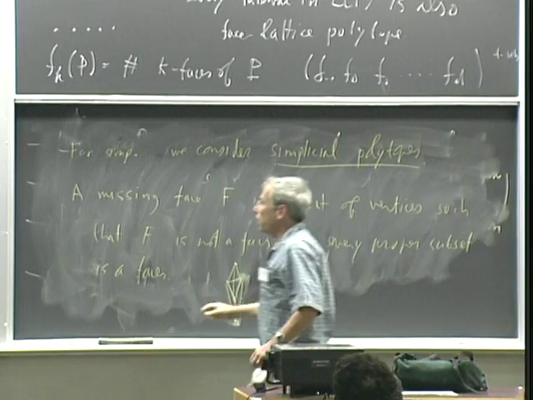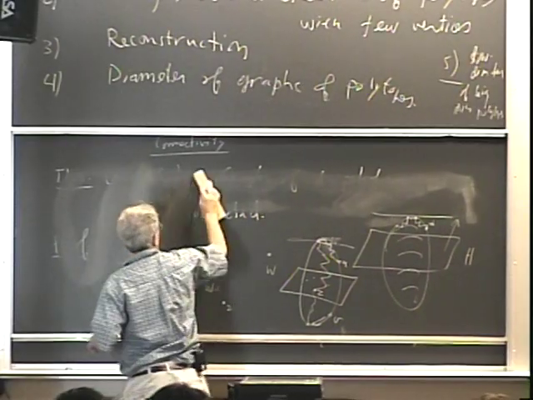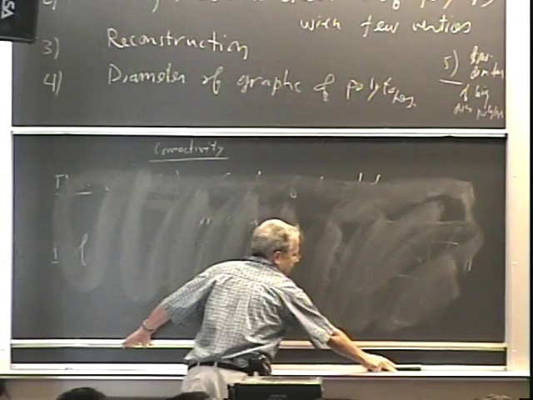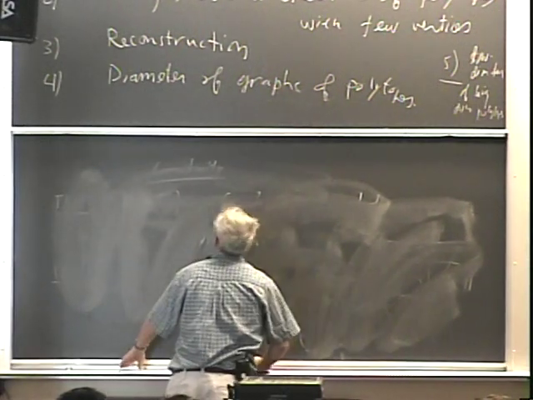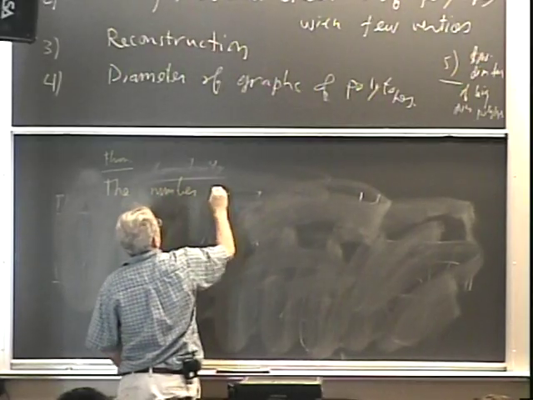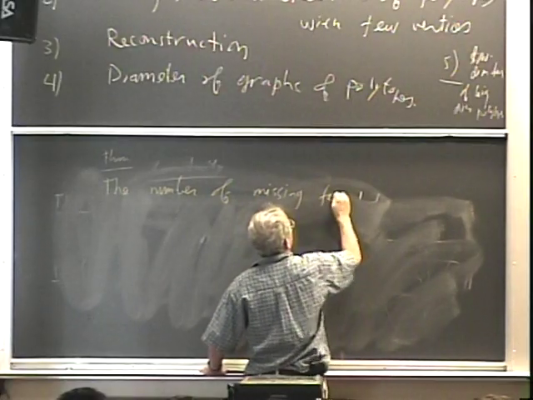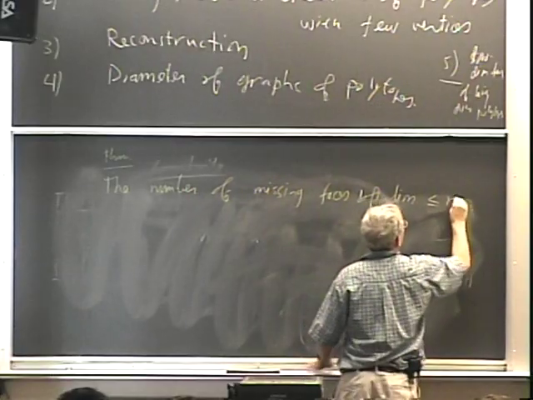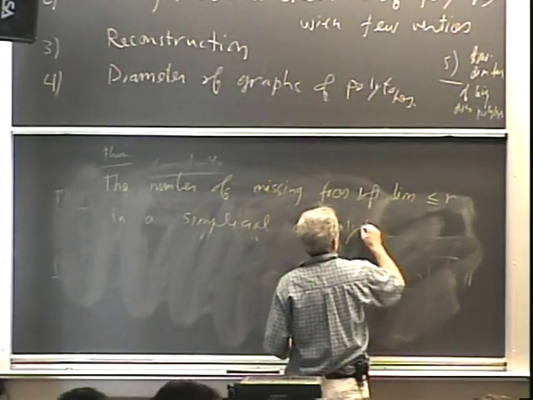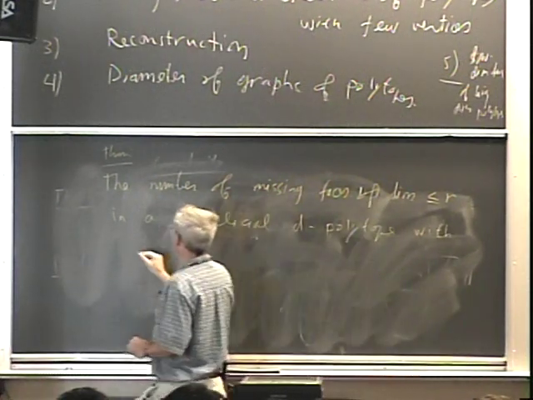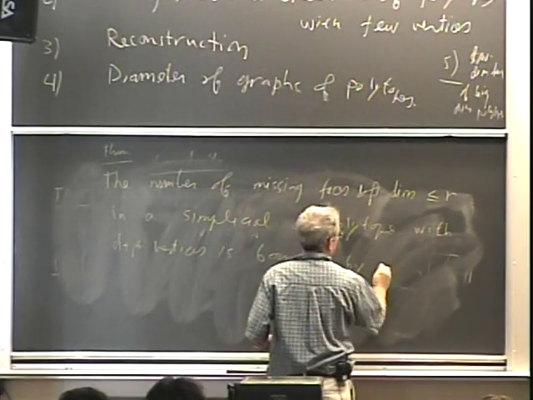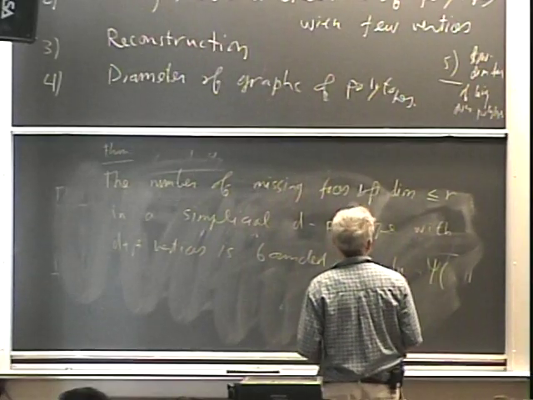Okay. So now what we want to show is the following theorem: the number of missing faces of dimension less than or equal to r in a simplicial d-polytope with d plus beta vertices is bounded by a function psi(r, beta).